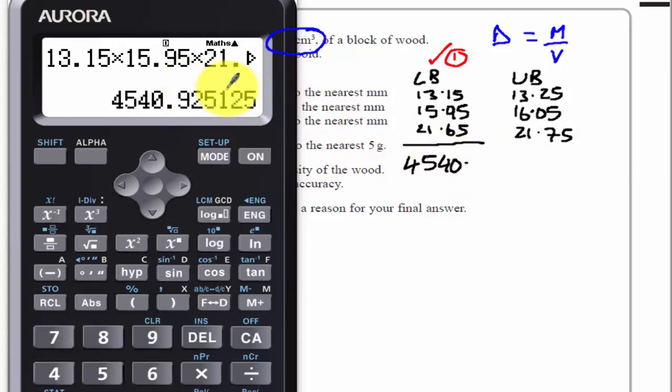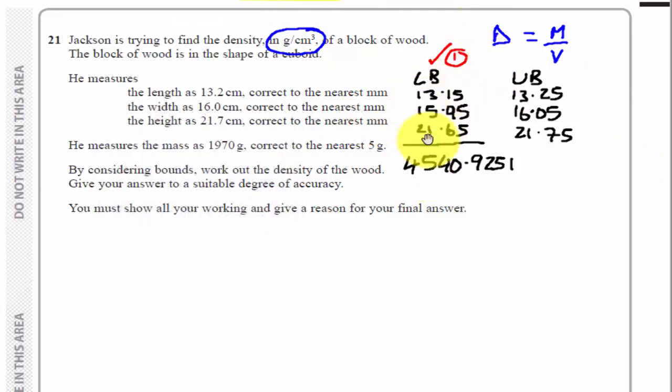I'm going to include 4 decimal places here, I just feel I'm going to need some decimal places, so I carry forward little error. That's the minimum volume of this cuboid. As soon as you get the minimum volume, or even possibly the maximum volume, you've got the second mark.